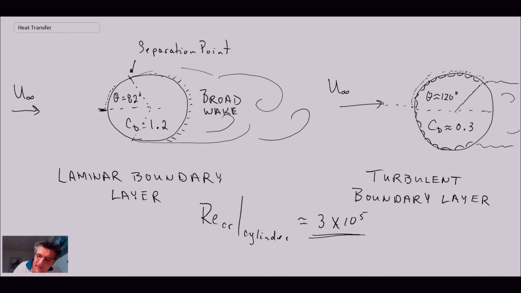Okay, so 3 times 10 to the 5, and that is where we go through the transition process, and then your separation point moves further downstream. You have very different heat transfer characteristics. So that has an impact on convective heat transfer, and obviously that means that we need relationships that will be a function of Reynolds number, and that's what we'll be seeing in a later segment of this lecture.